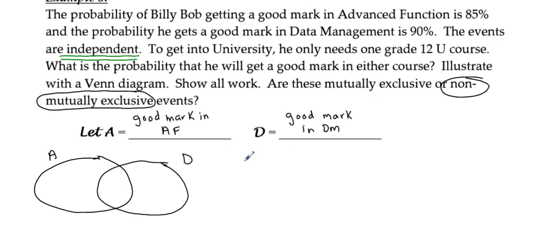So because these are non-mutually exclusive, the formula for getting a good mark in advanced functions or data management is the probability of getting a good mark in advanced functions plus the probability of getting a good mark in data management minus the overlap.